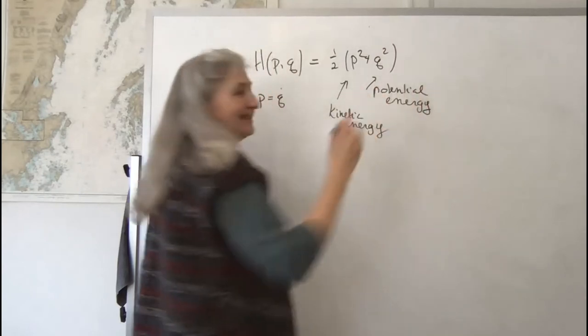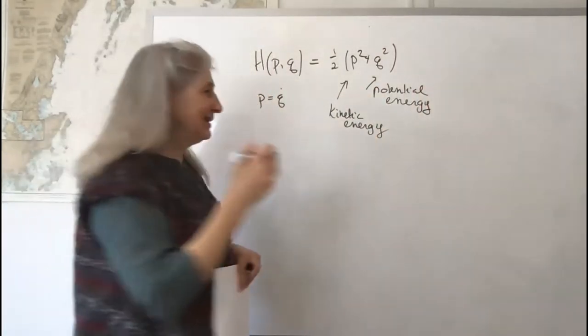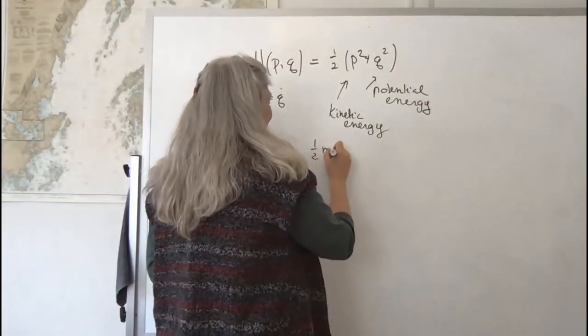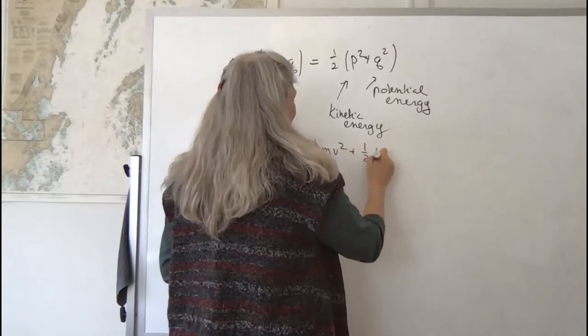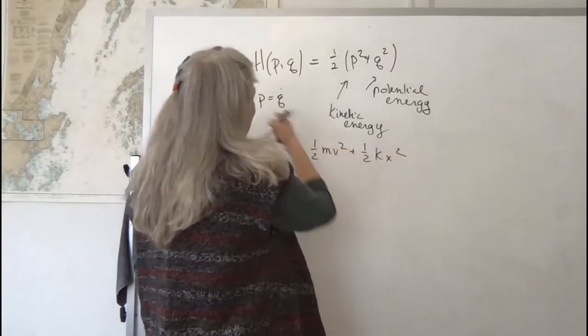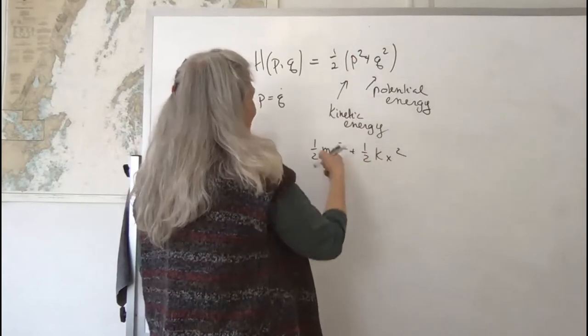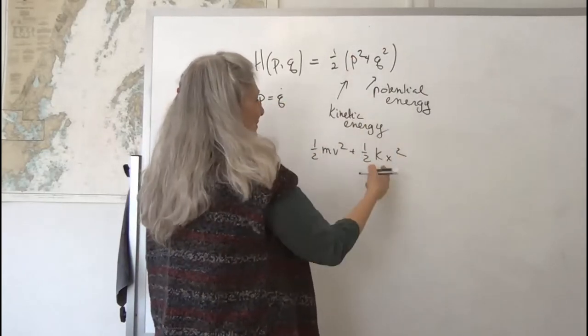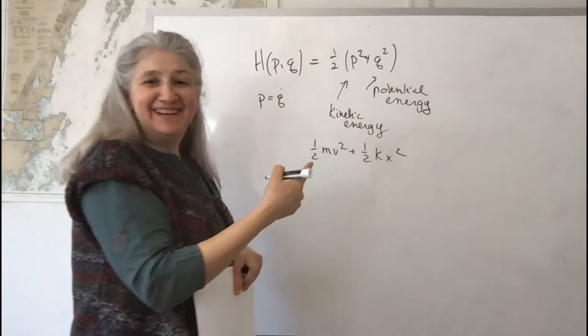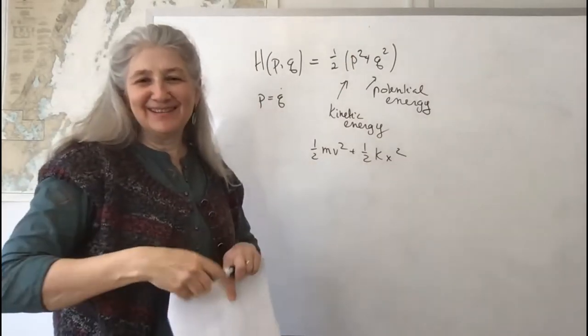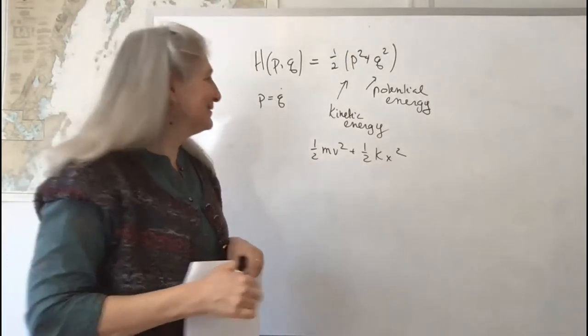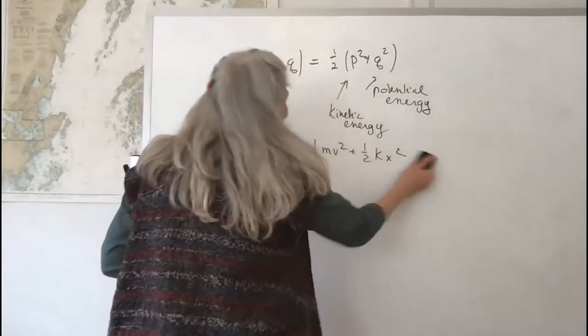To make things simple, for a harmonic oscillator, 1/2 mv squared plus 1/2 k x squared, v is p, x is q, k is 1, and m is 1. I just set all the physical parameters to 1 for this model.